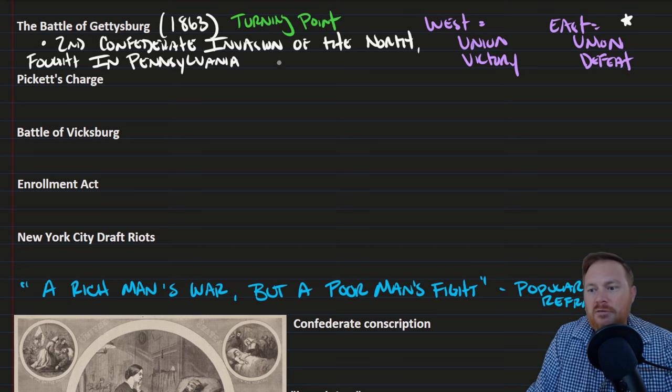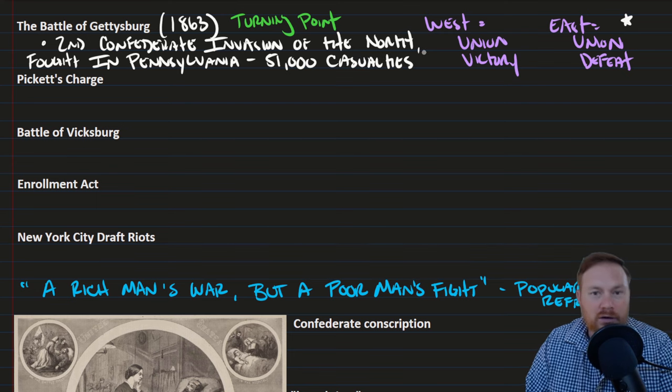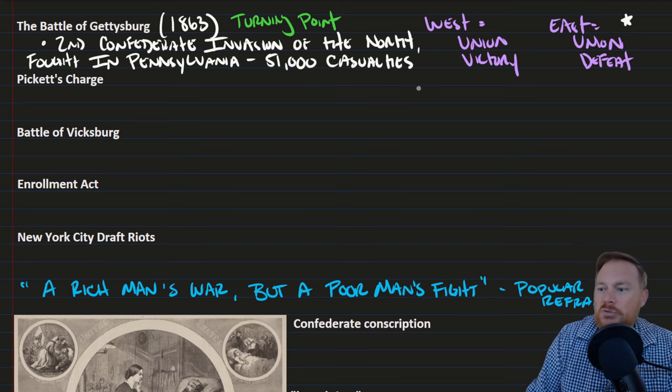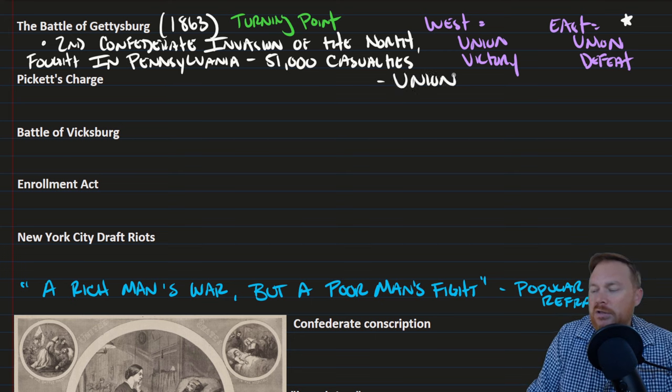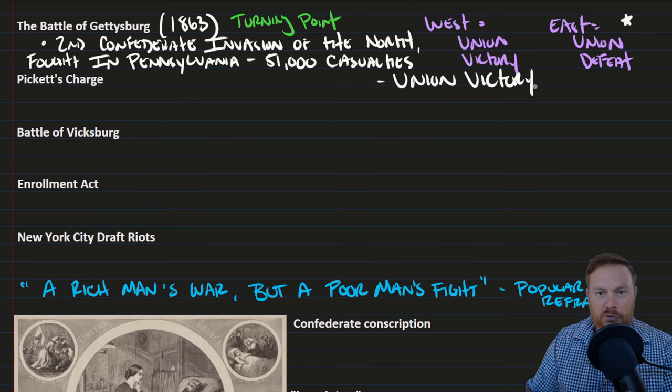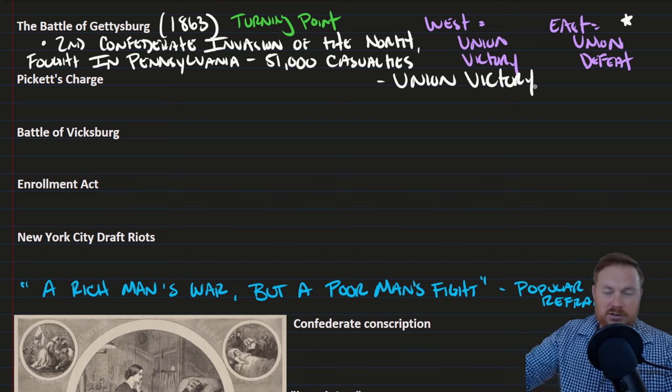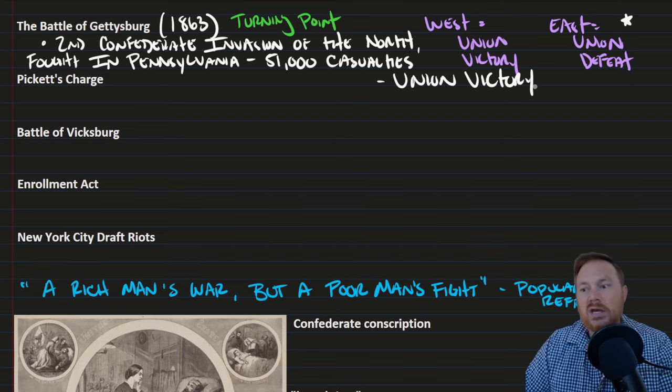It was a 4-day battle, 51,000 casualties, making it the deadliest battle for Americans during the Civil War. But most importantly, it was a Union victory. And when the Union won the Battle of Gettysburg, it turned the Confederate Army back to the South, forcing the Confederacy to go back to Virginia once again.